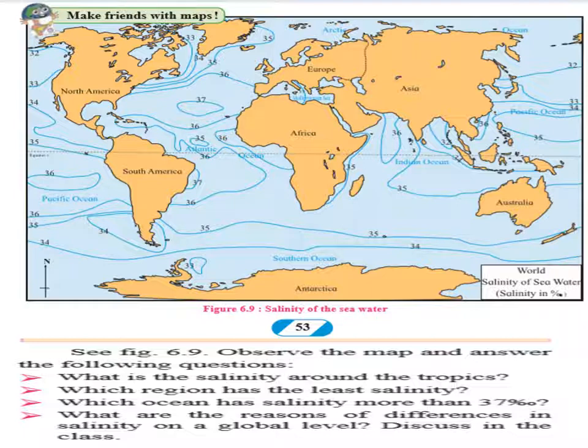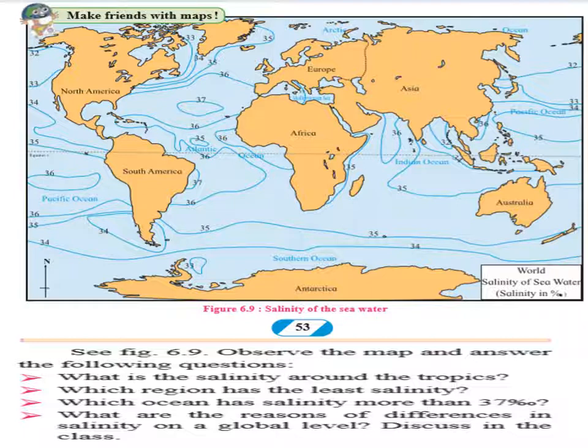Which ocean has salinity more than 37 parts per thousand? The answer is, here you can see in the map, the Mediterranean Sea, Red Sea, Dead Sea, and Caspian Sea have salinity of more than 37 parts per thousand.